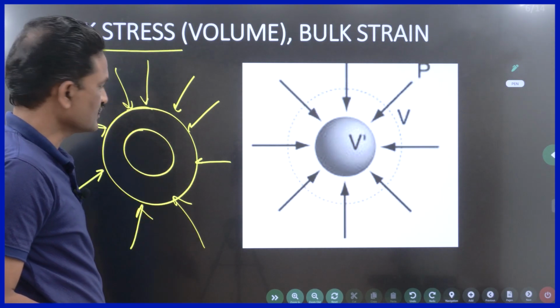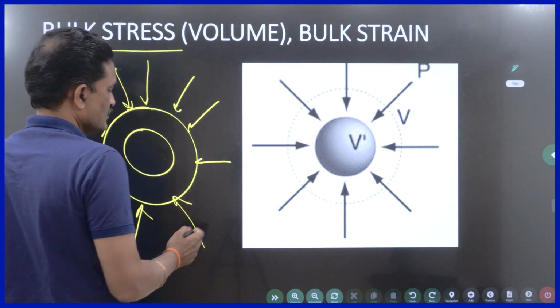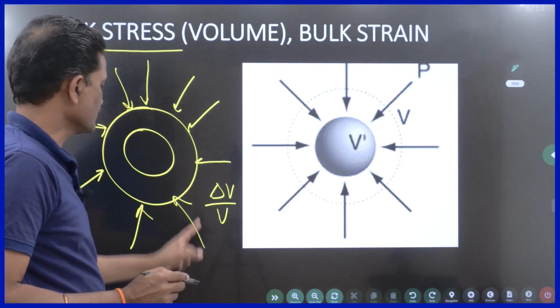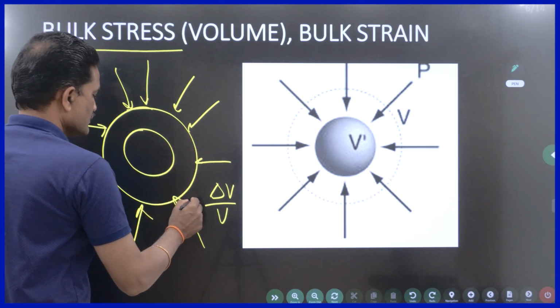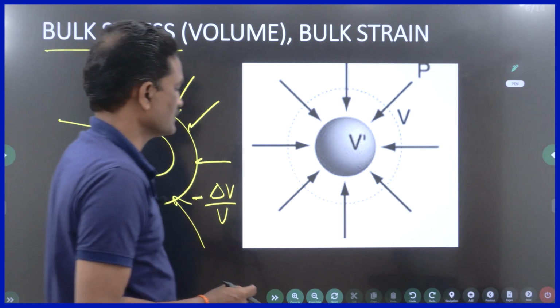It is also called volume stress. Now, how do you define strain in this case? Just now I defined delta V by V. Delta V is change in the volume, V is the original volume. Here volume is decreased, so I have to put a negative sign here. Is this clear? Right.